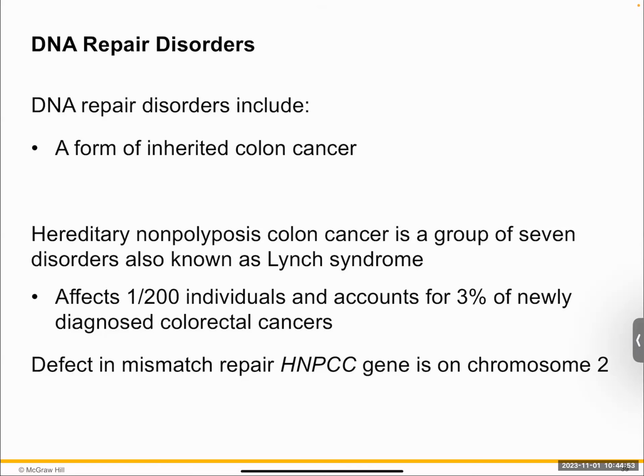This is a result of a problem, again, with the DNA repair protein that is supposed to fix the problem and is itself mutated. And therefore, the person becomes much more susceptible to specific types of cancers, including colon cancer, because those cells are damaged and therefore cannot replicate the DNA.